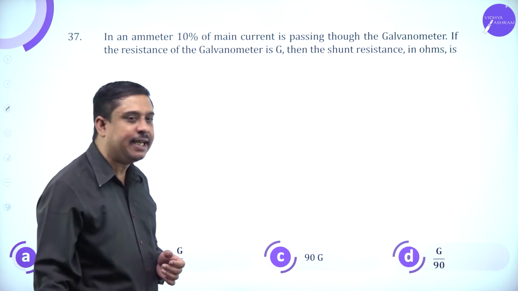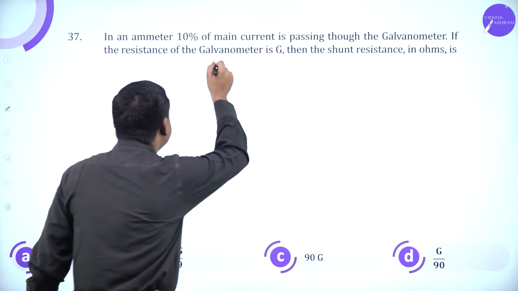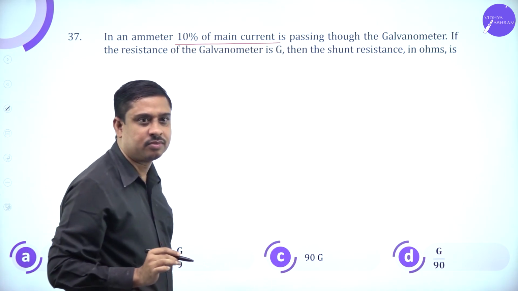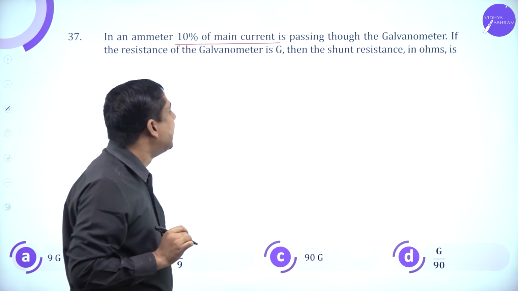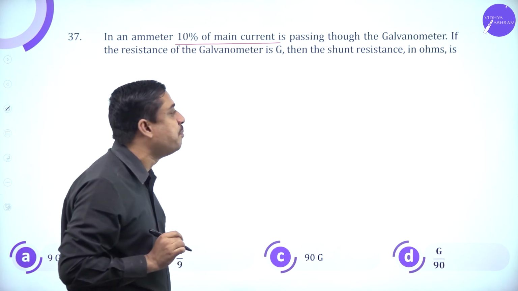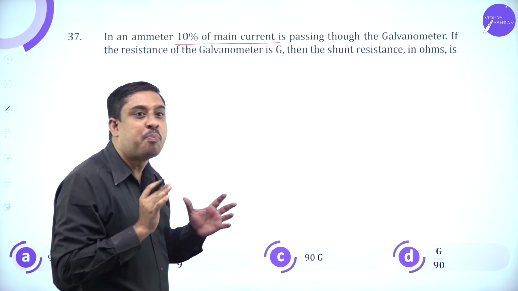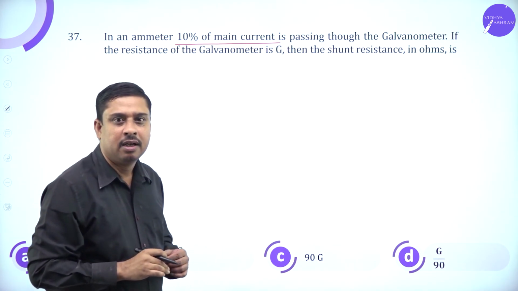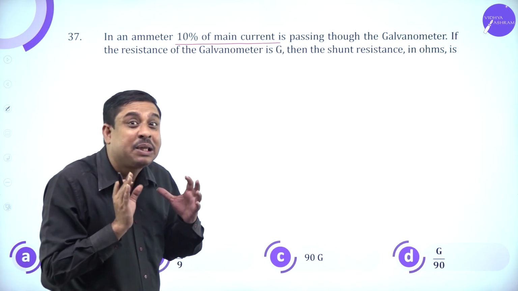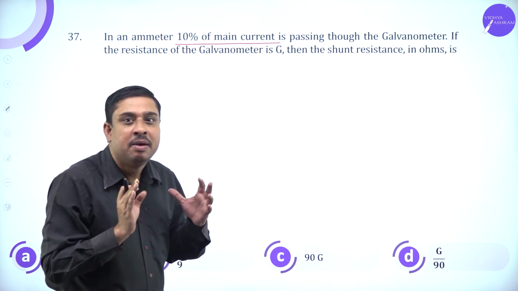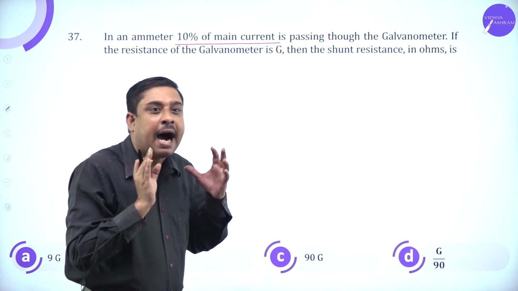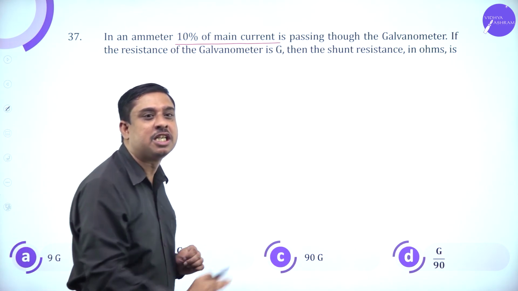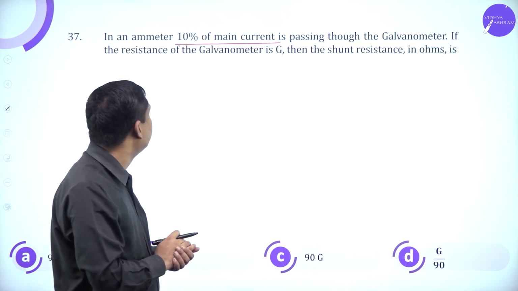In an ammeter, only 10% of the main current is passing through the galvanometer. Only 10% of the main current goes through the galvanometer.